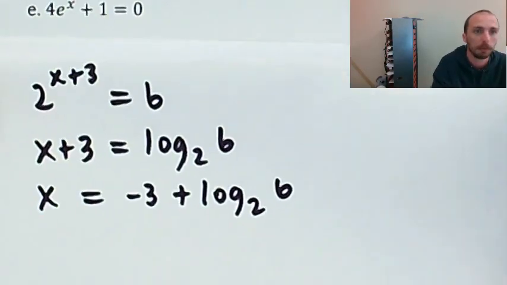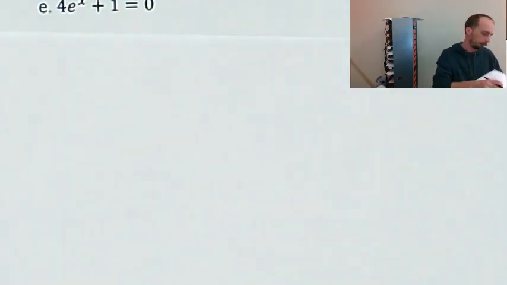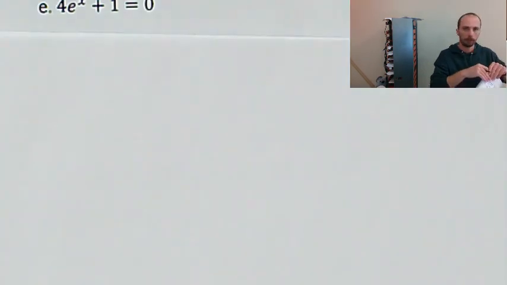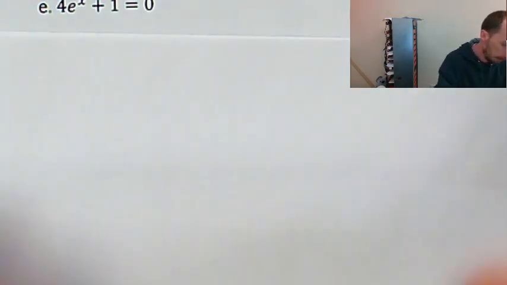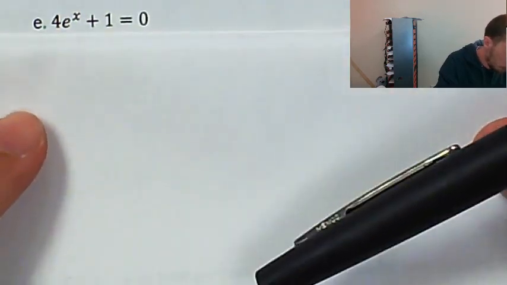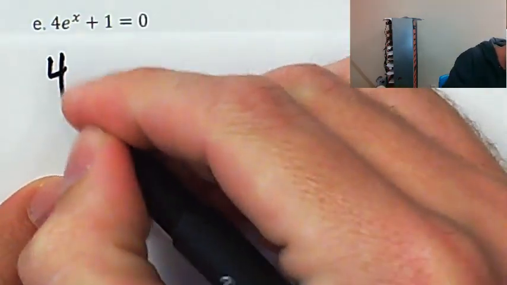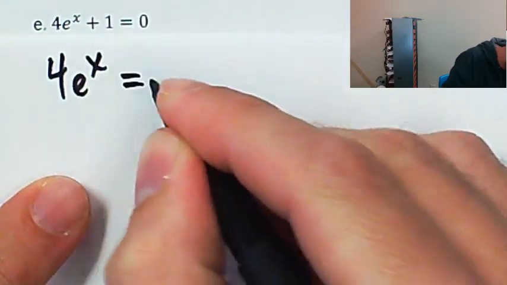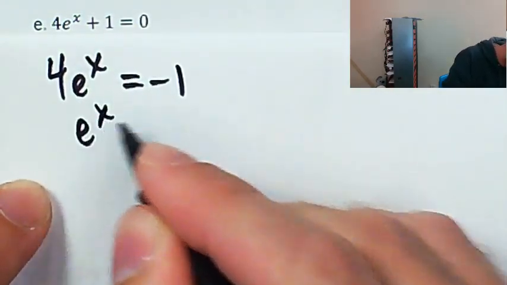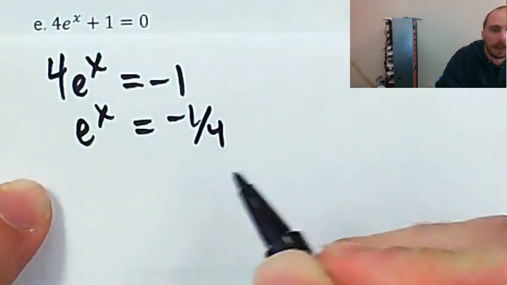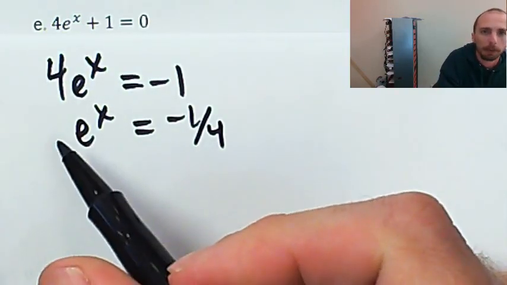4e to the x plus 1 equals 0. Okay, let's see where this is headed. I'm going to subtract 1 from both sides. Divide by 4. Okay, and maybe you see it: e is a positive number.